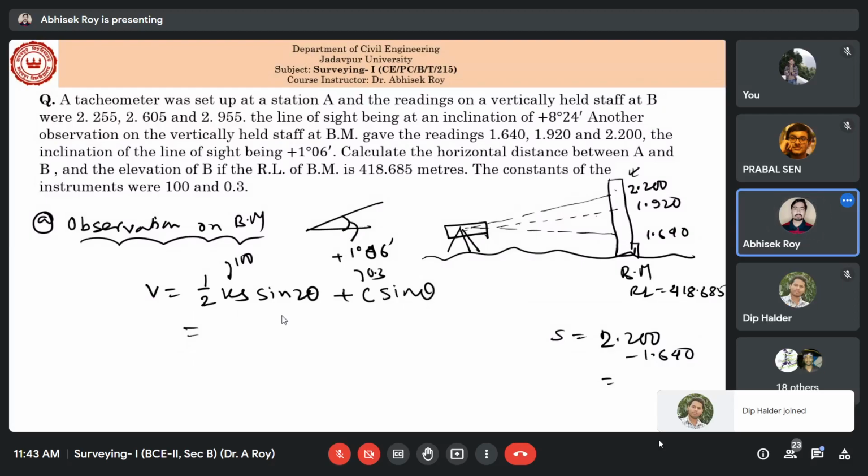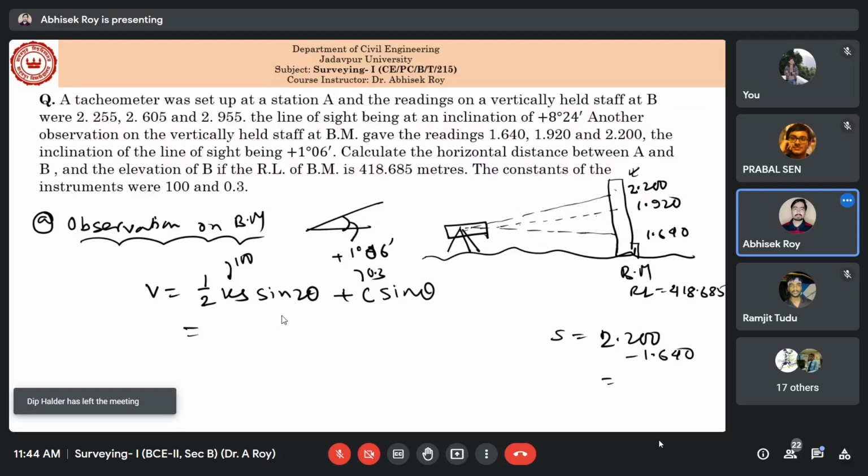So please calculate V. 1.081. So it will be 1.081 meter.